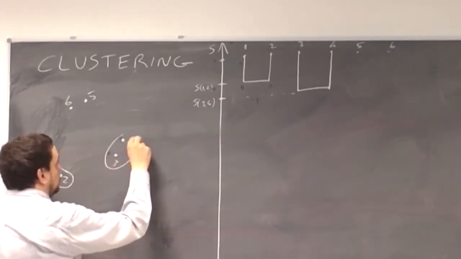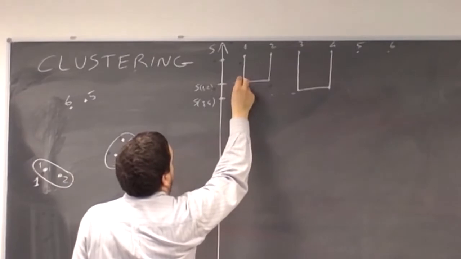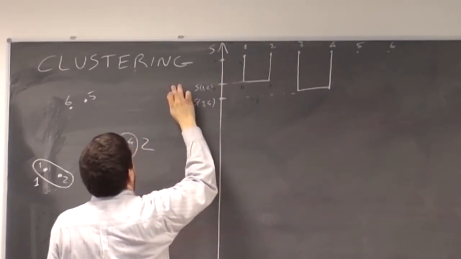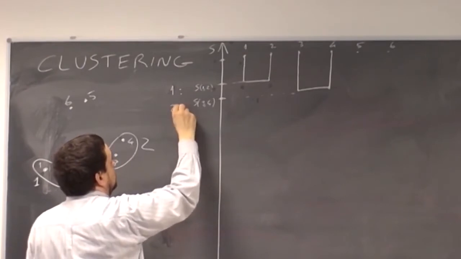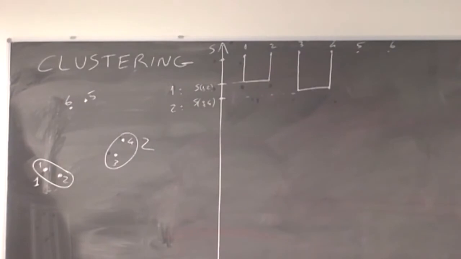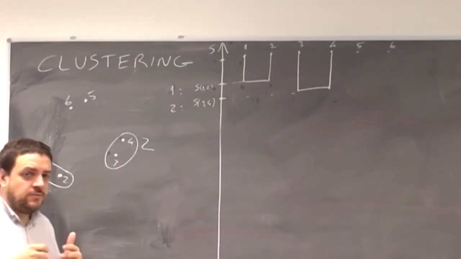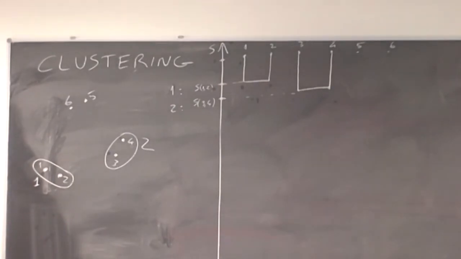So at step 2, 3 and 4 are merged together. Of course, at every subsequent step, the similarity between the two sets that are joined is less than the previous one.